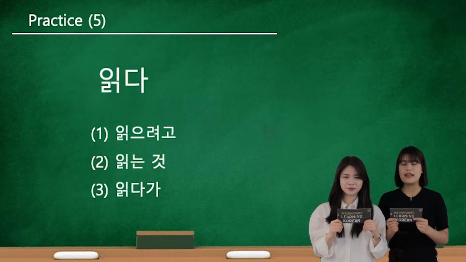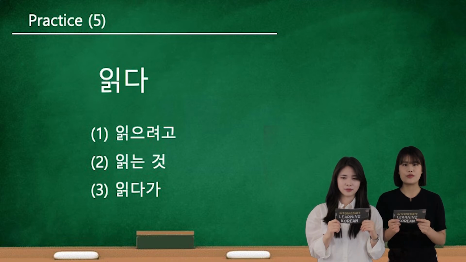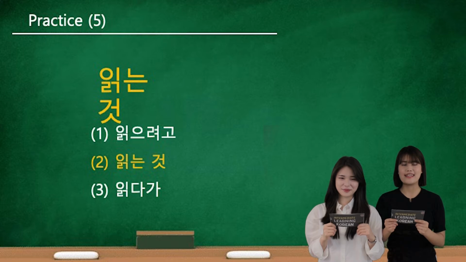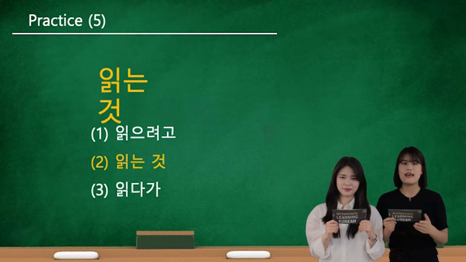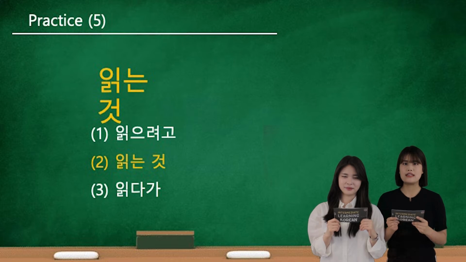Next problem, 읽다. What should we change 읽다 to? Yes, it is 읽는 것. When we remove 다 from the verb 읽다 and add 는 것, it becomes 읽는 것.